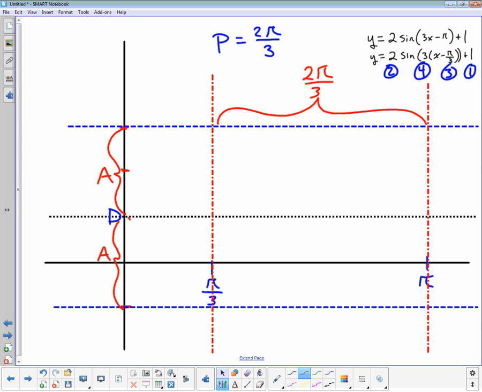That width is 2 pi over 3, and it started at pi over 3. So I add pi over 3 to 2 pi over 3, and it equals pi. It's 2 pi over the b term, whatever your b term was. Does this make sense? Okay.